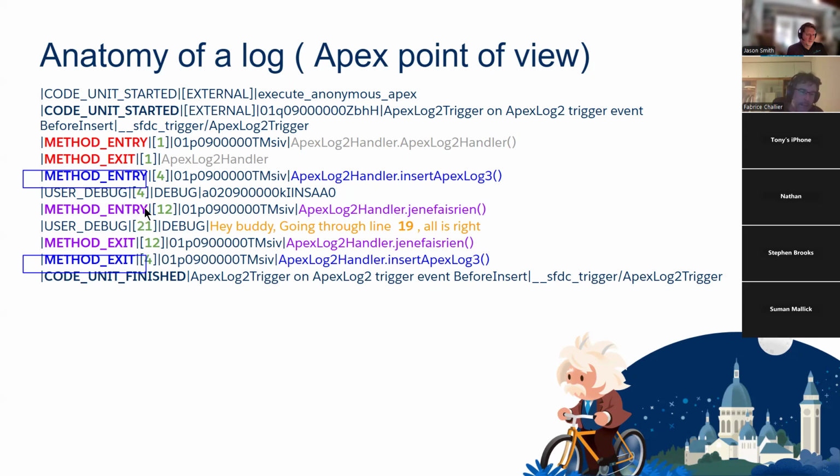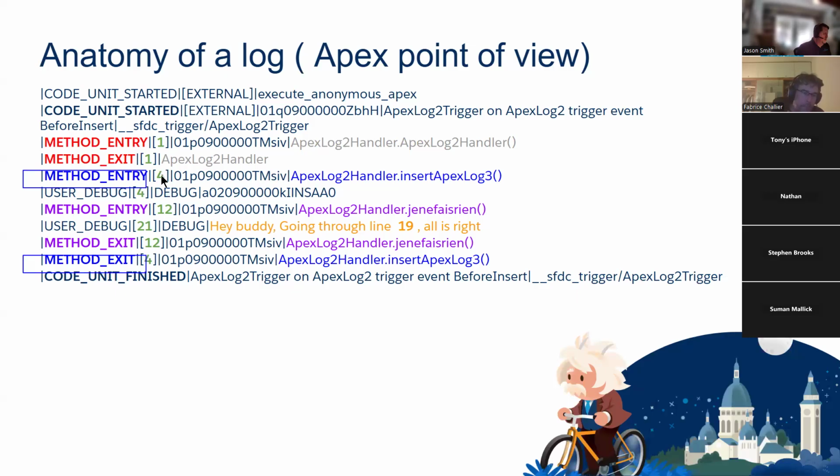And inside this method, what I can see is that a system debug was called. Okay, so Salesforce will keep the structure of what's happening inside a kind of tree view that you can use, and that some tools are able to read properly, and that will help you understand what is happening inside your code.